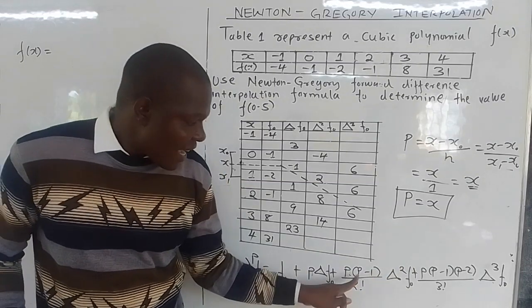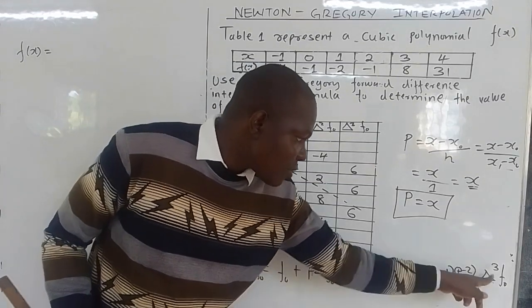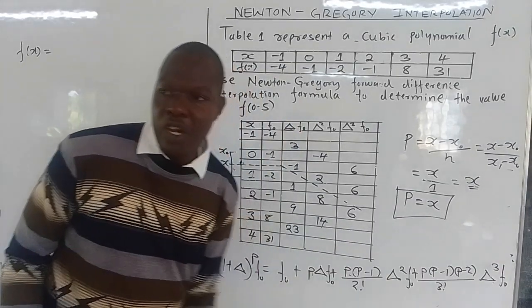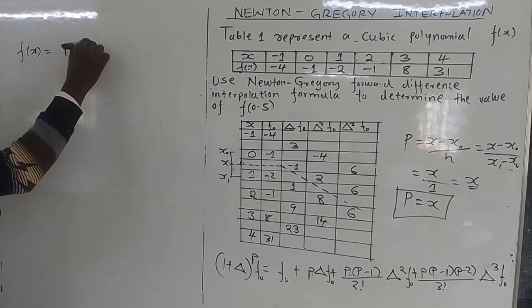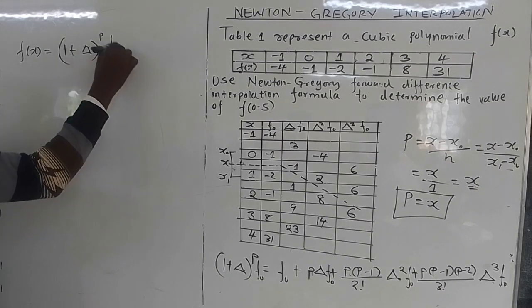So these p's we found are in terms of x, meaning this is the expansion of a polynomial f of x. It is like saying f of x was 1 plus delta raised to power p times f naught.